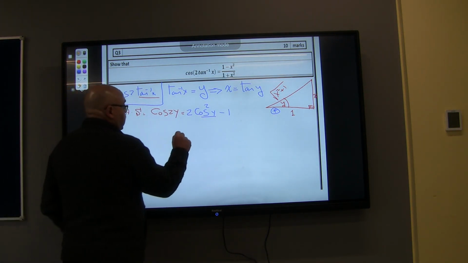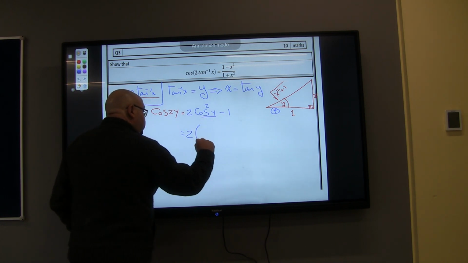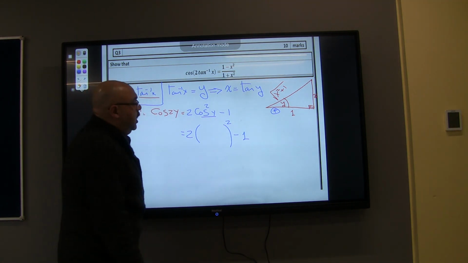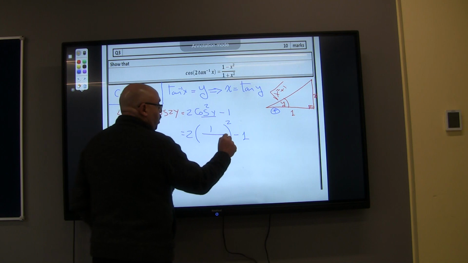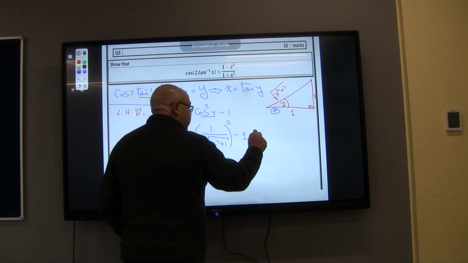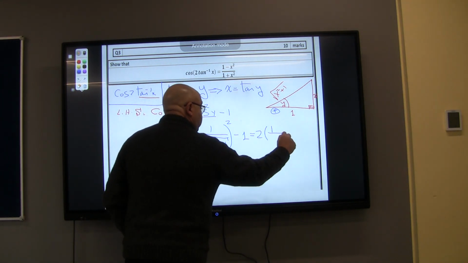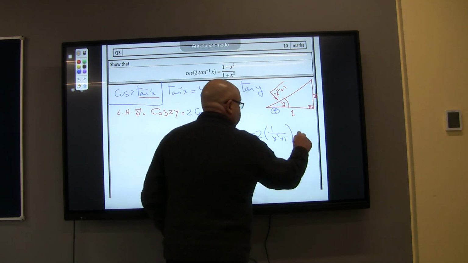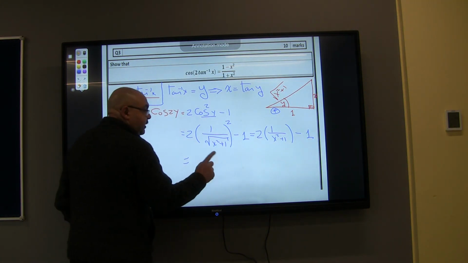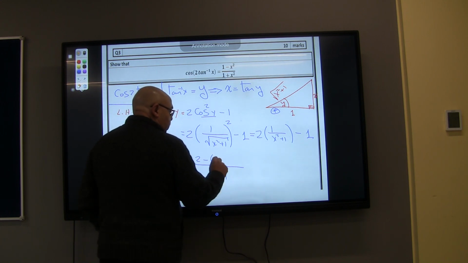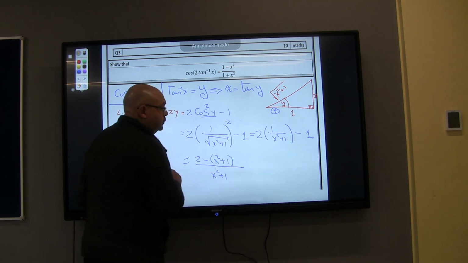This is going to equal 2, open a bracket to the power of 2, and this is minus 1. Cosine y simply is 1 over the square root of x squared plus 1. Second step, it's going to lead to 2 times 1 divided by x squared plus 1, minus 1. With simple simplification in this form, it's going to lead up to x squared plus 1, and I will have 2 minus x squared plus 1.